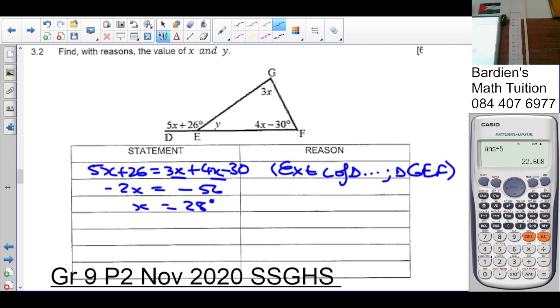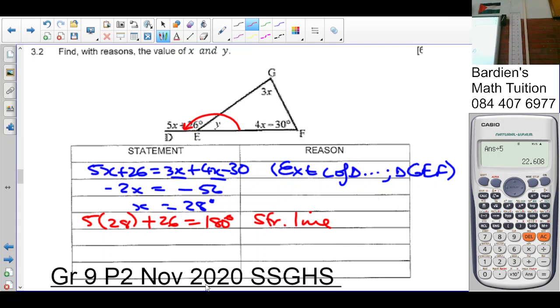So what do we notice now? Now I can calculate y. It's either y plus 3x plus 4x minus 30 is equal to 180, sum of angles of a triangle, or angles on a straight line, and that's what I'm going to use. It's 5 times 28 plus the 26, equals 180. Why? Straight line.